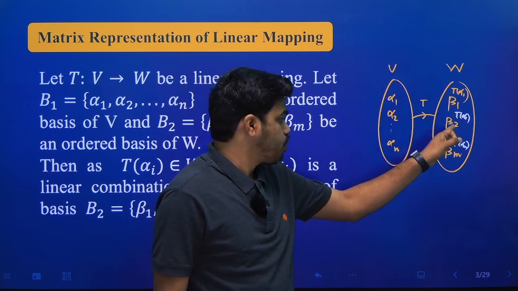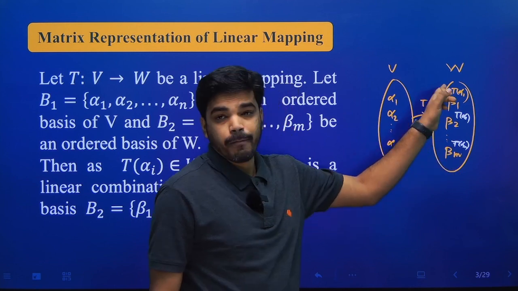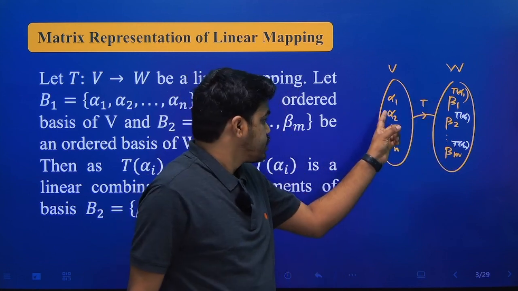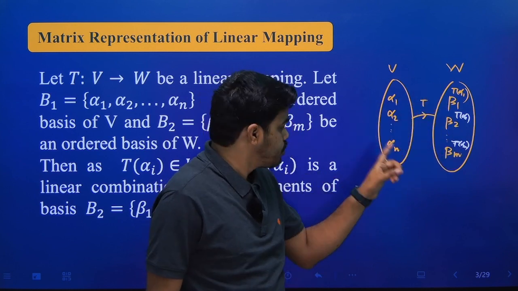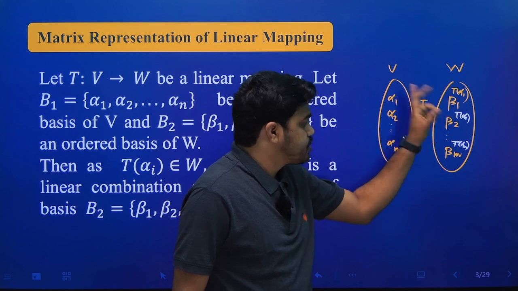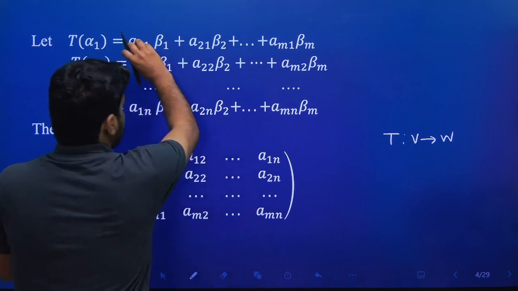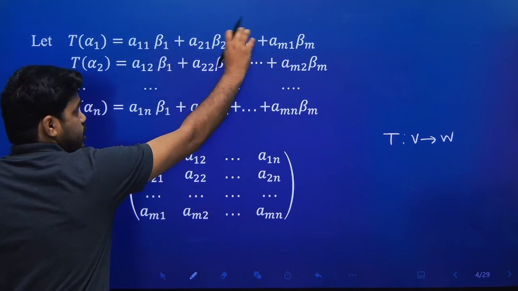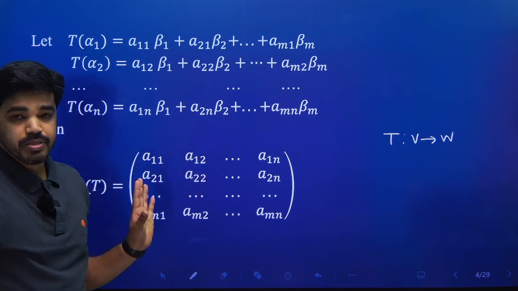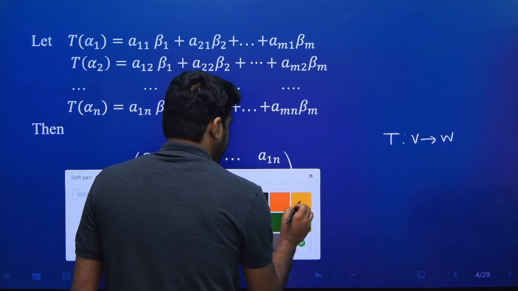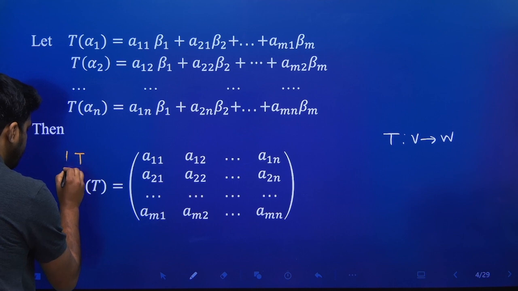W এর বেসিস গুলো বিটা 1, বিটা 2, বিটা m। সো আলফা 1 এর ইমেজ, দ্যাট ইজ T alpha 1, T alpha 1 কে W এর বেসিসের লিনিয়ার কম্বিনেশন এক্সপ্রেস করব। সিমিলারলি T alpha 2 কে এবং T alpha n কে W এর বেসিস সেটের লিনিয়ার কম্বিনেশন এক্সপ্রেস করব। লিনিয়ার কম্বিনেশন এক্সপ্রেস করার পরে যে স্কেলারগুলো পাবো রো ওয়াইজ থাকবে সেটা কলাম ওয়াইজ লিখবো, ঠিক আছে। That is the matrix representation of linear mapping, that is denoted by this symbol.